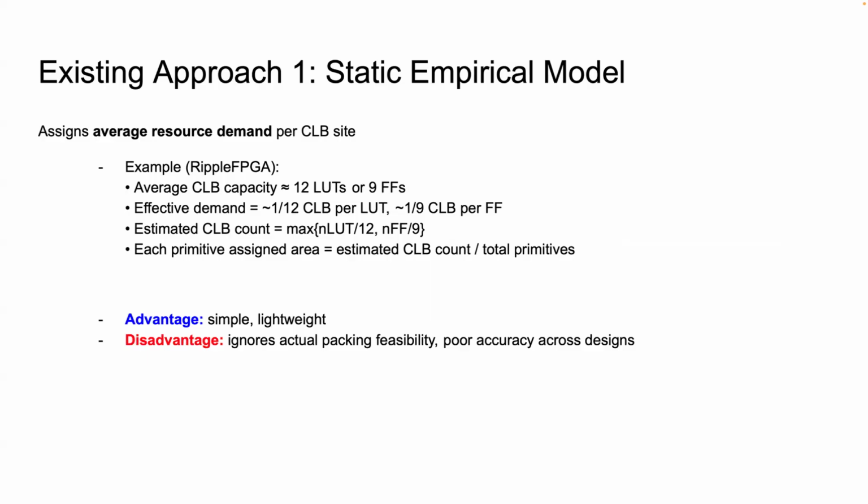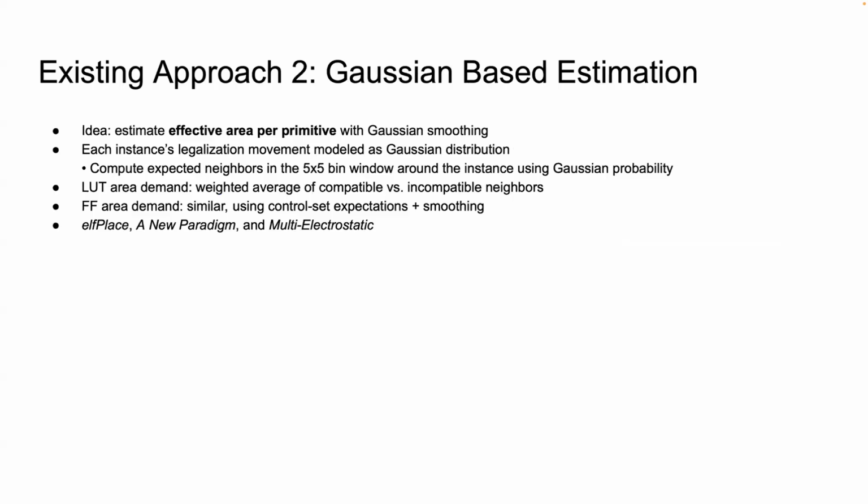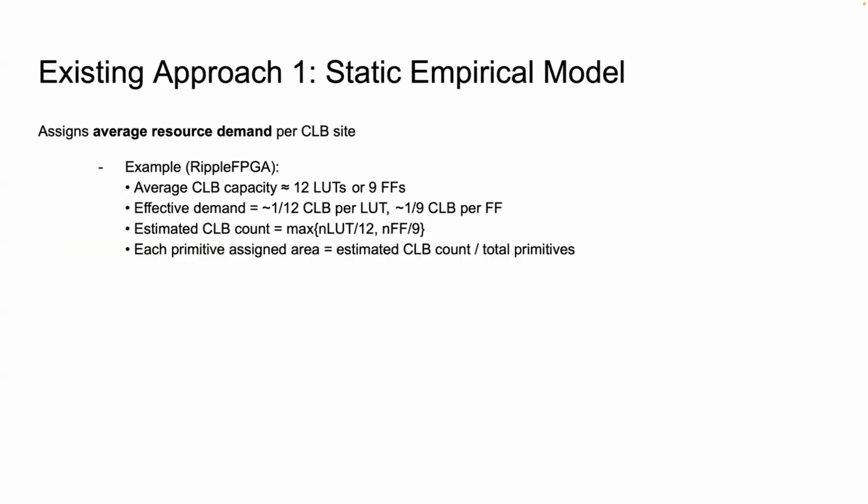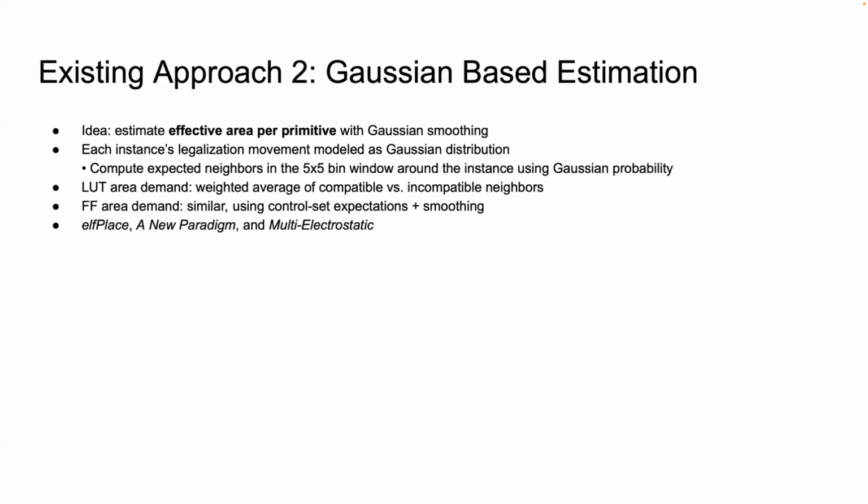The second method is Gaussian estimation, and this is highly used in ELF-place, new paradigm, and the multi-electrostatic ones that I already showed here. In this one, we estimate the effective area of the instances using a Gaussian smoothing function.